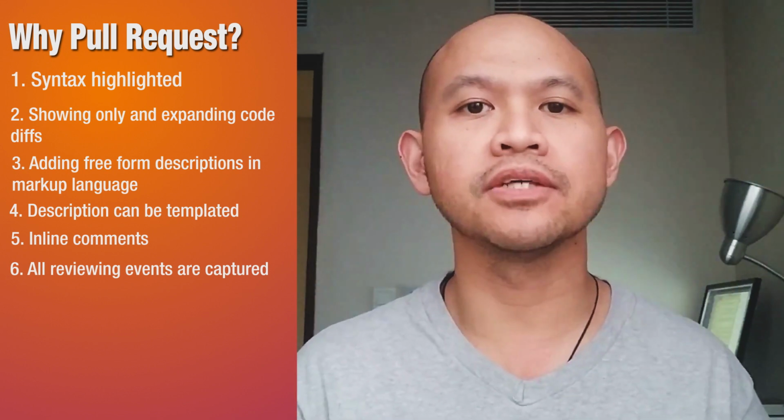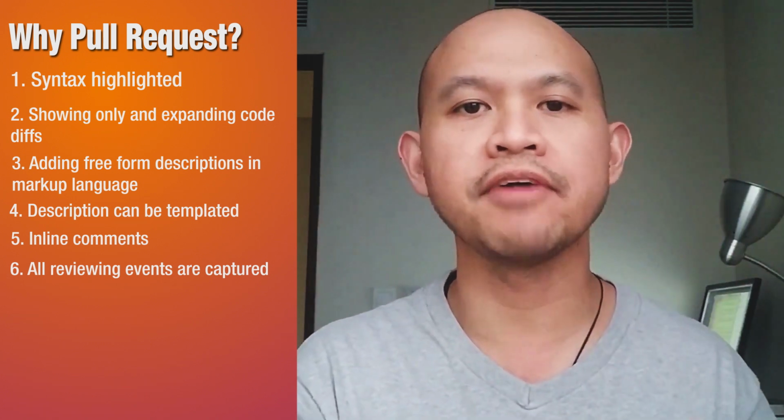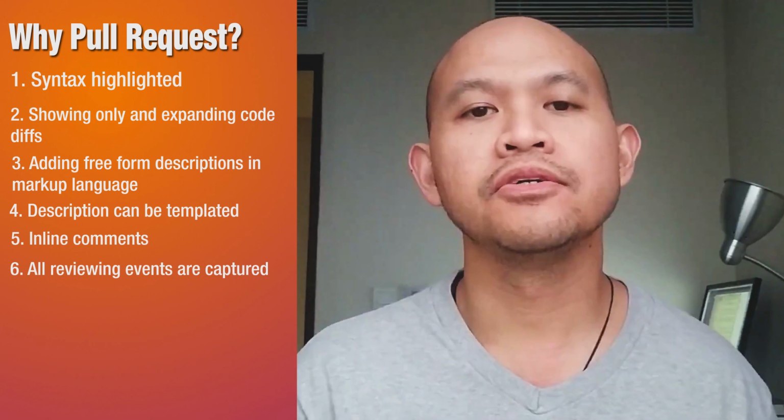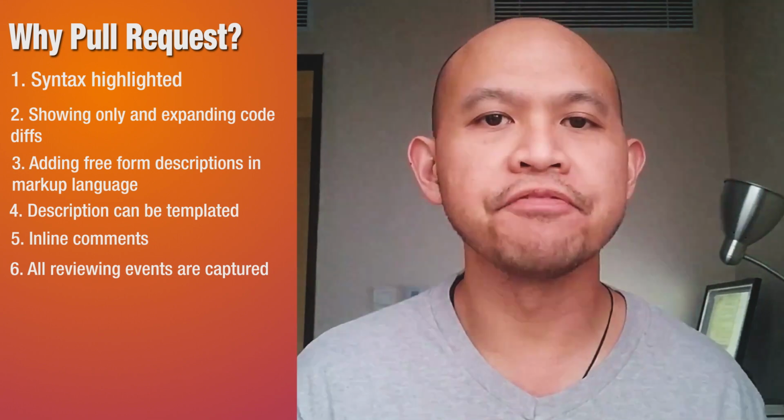Other benefits include the fact that we can see all the events that have happened in the code review process: who have been requested to review, who have commented, what are the commits that have happened after the comments, who have rejected or who have approved. So all the historical activities are centralized and tracked. And finally, it can be integrated with continuous integration or CI jobs.